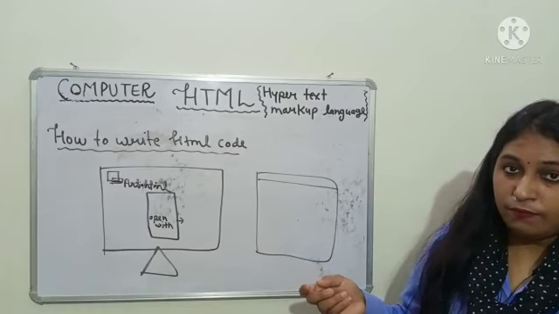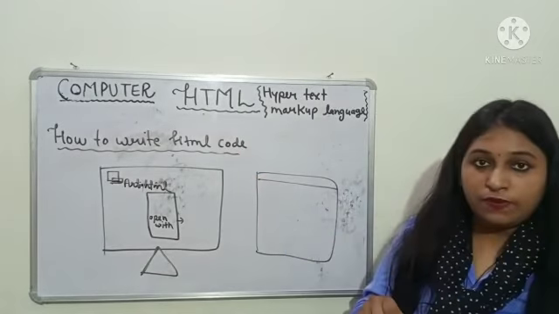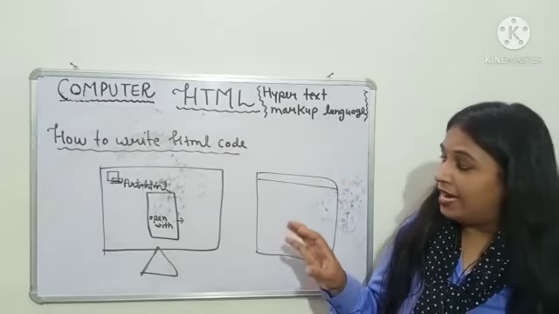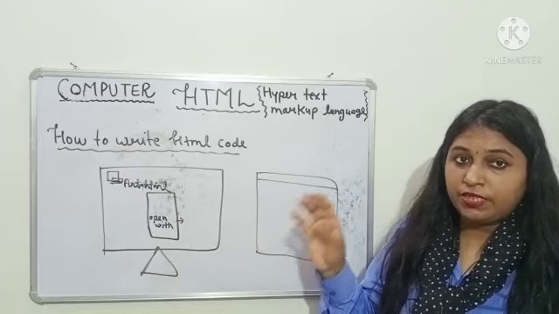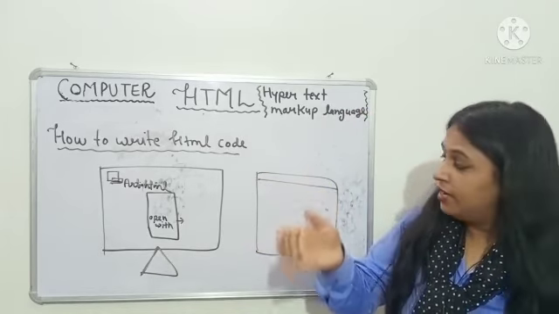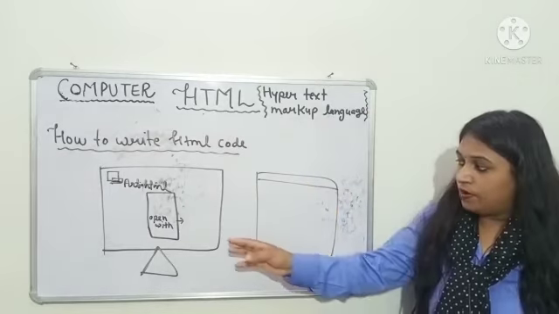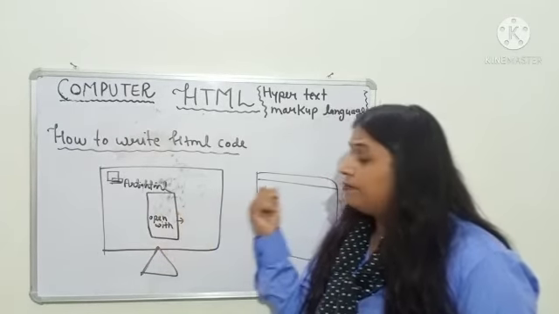You need a browser, right? So first of all, you write your HTML code in Notepad, and then you save your program with the help of the .html extension, right? And now with the help of a right click on the file, you can see your code in web view.